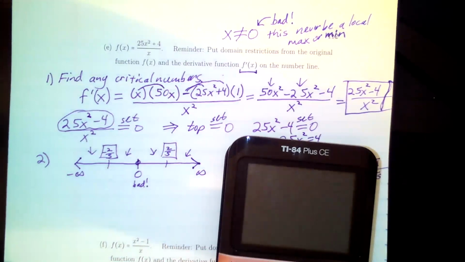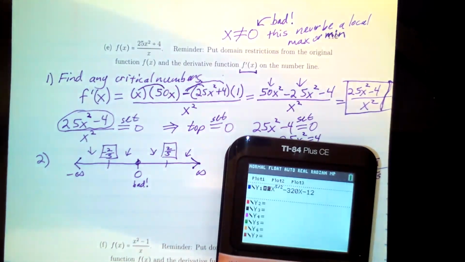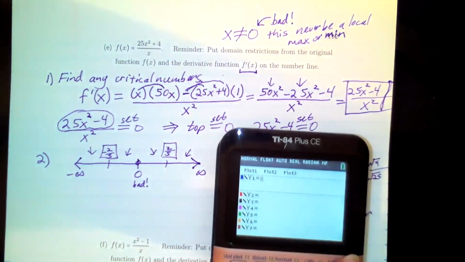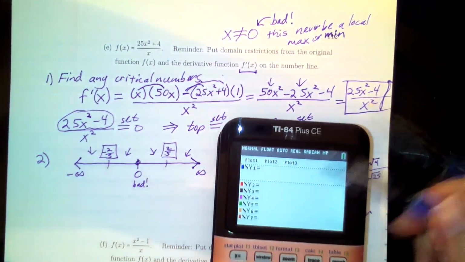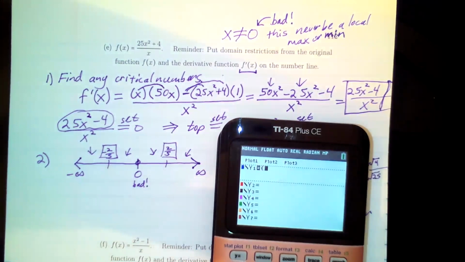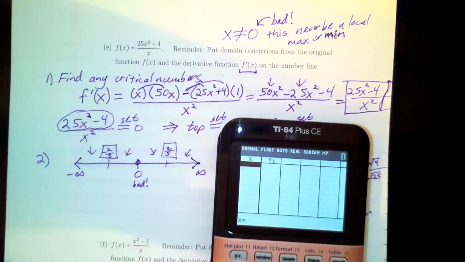This is where I'm going to go to my calculator, and remember we plugged test points into the derivative, so I'm going to put the derivative function into my y equals line. 25x squared minus 4 divided by x squared. I go to my table, clear out my old data.